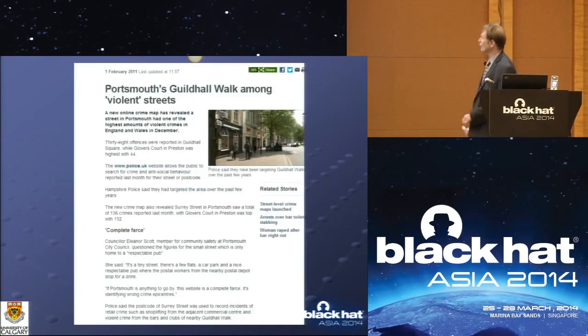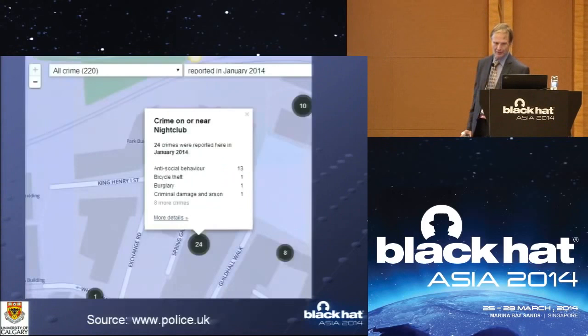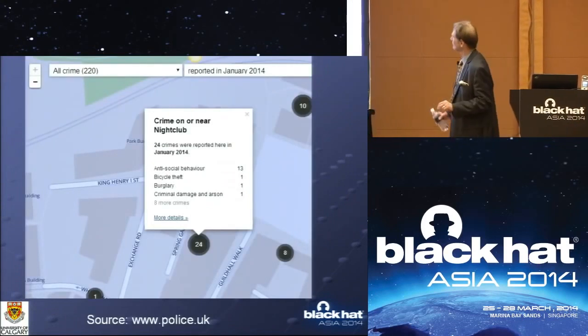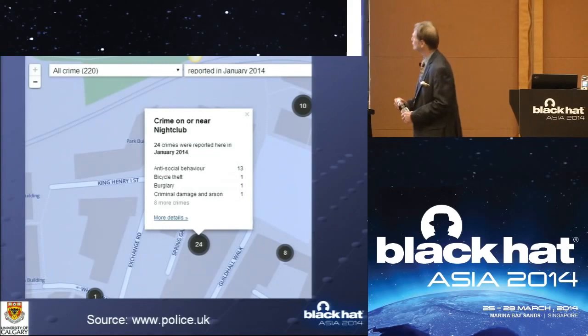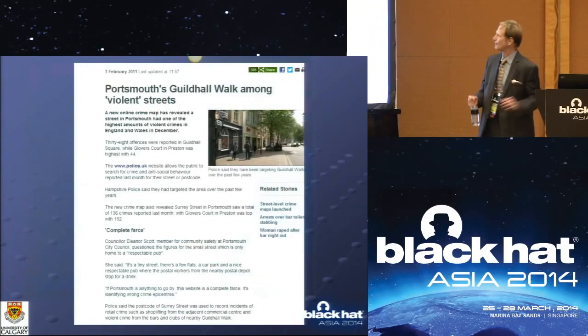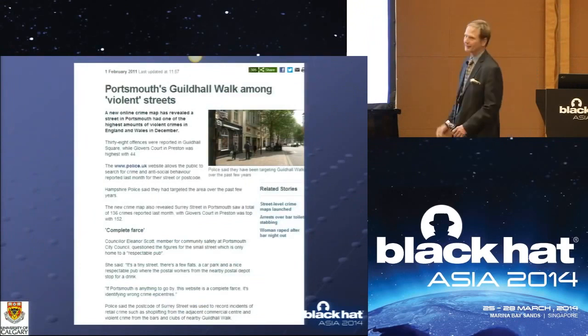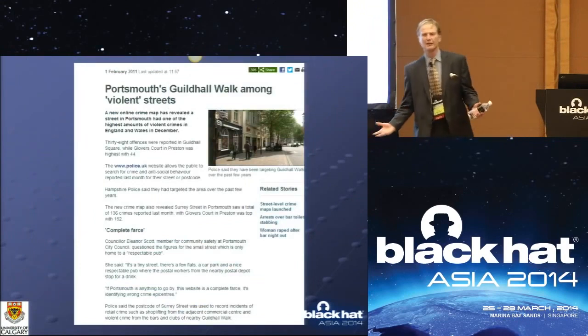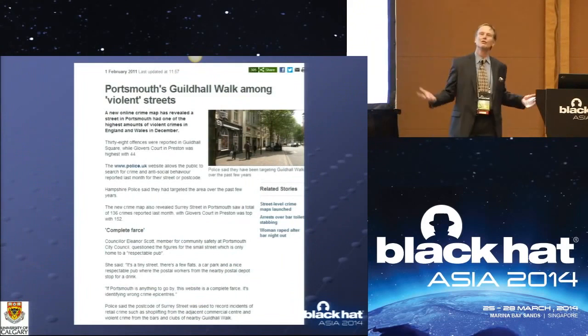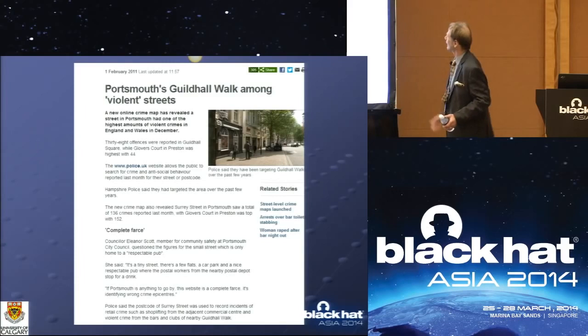There's a whole new trend to, I'll probably show you the map first, to showing high crime areas. And this is a particular area in the UK where 24 crimes were reported here. Now, the funny thing is, when you look at the picture of the street, I don't know if you guys get Coronation Street, it's basically like a simple, easygoing, British street that's got a pub on it.